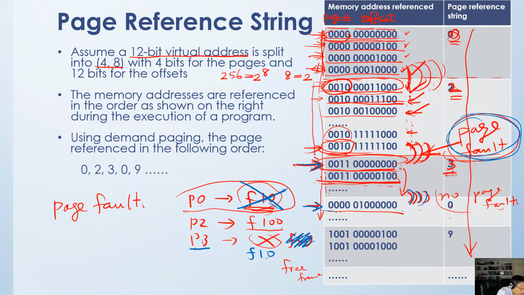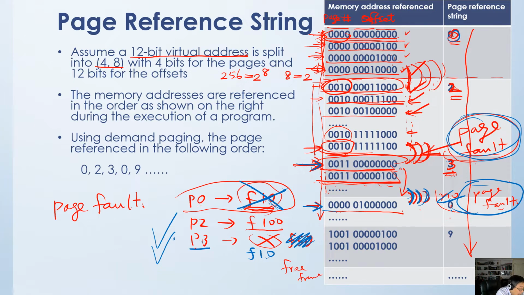So if that's the case, then jumping from page 3 to page 0 is going to trigger another page fault, right? Because page 0 is not in the memory anymore. So even though page 0 was referenced previously, if we try to reference page 0 again, there's no guarantee that page 0 is still in the memory.